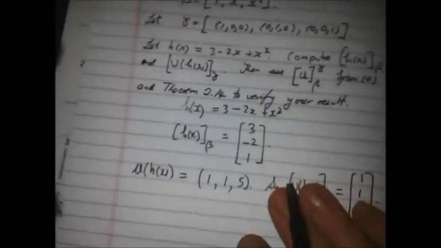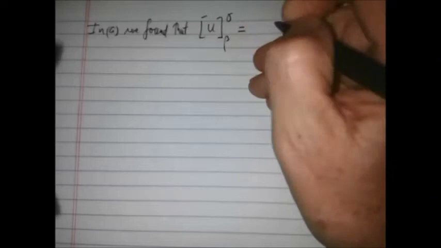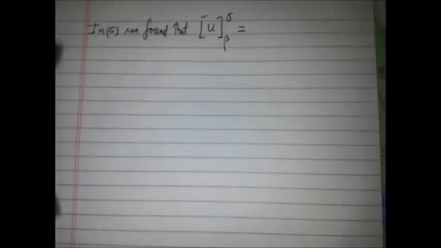Okay, so in part A, we found that the matrix of U relative to the bases beta and gamma was a certain 3 by 3 matrix.